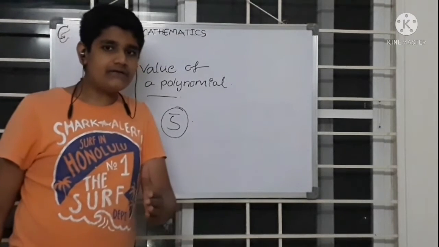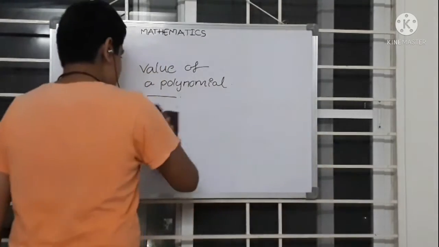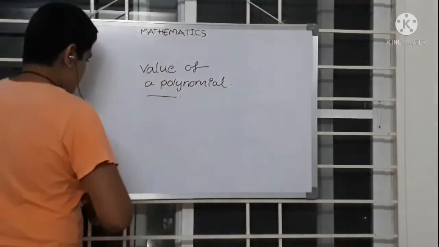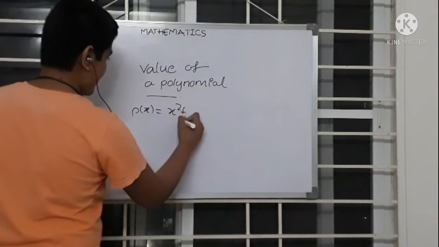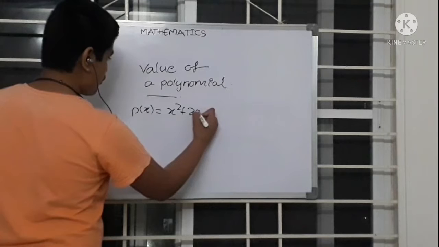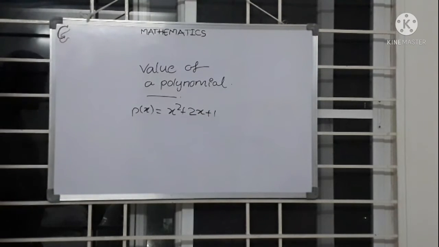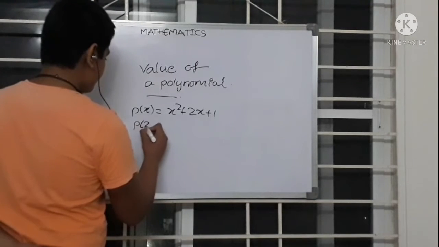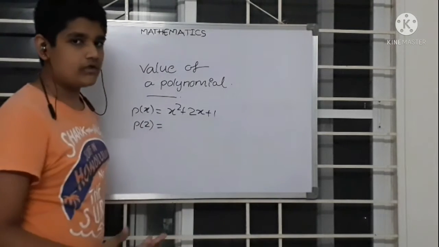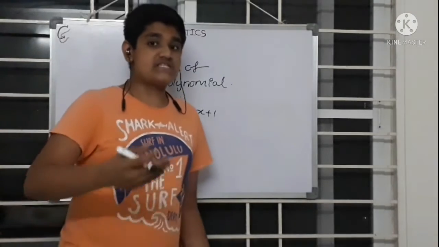Are you understanding? Yes. Now let me take some more examples as I said. P of x is equal to x square plus 2x plus 1. Now let x be 2. Anything you can take, but 2 is easy to calculate.